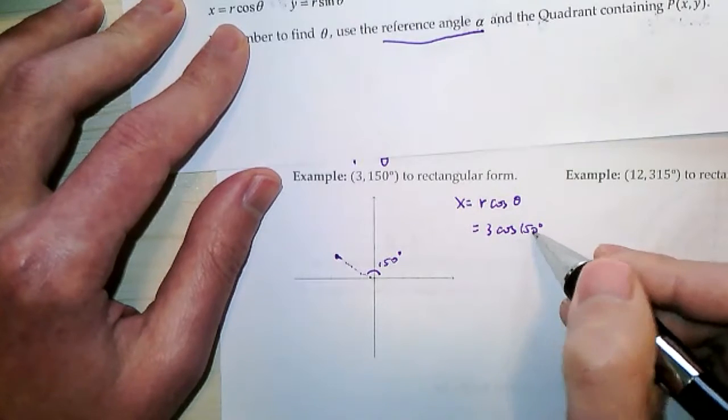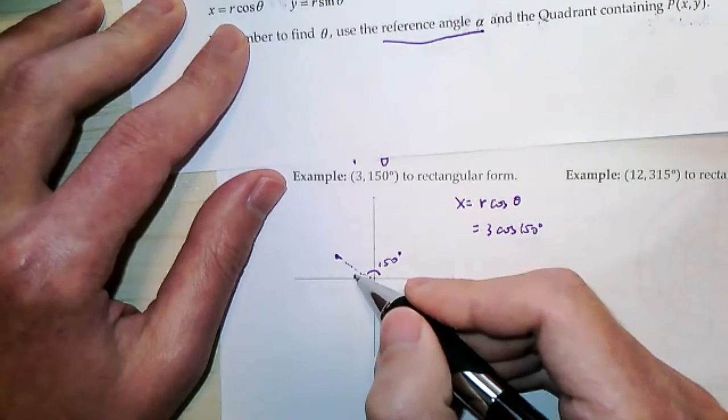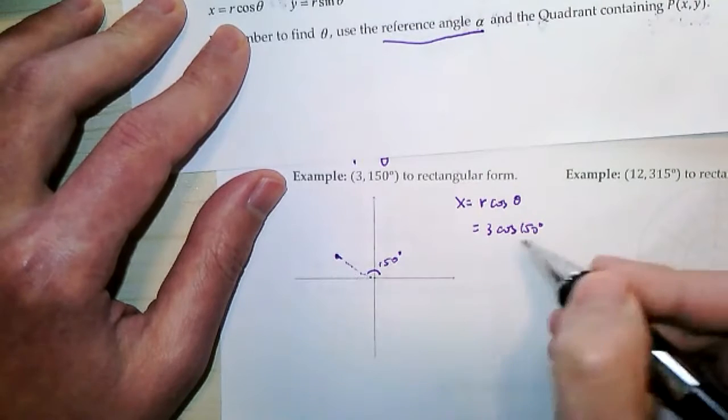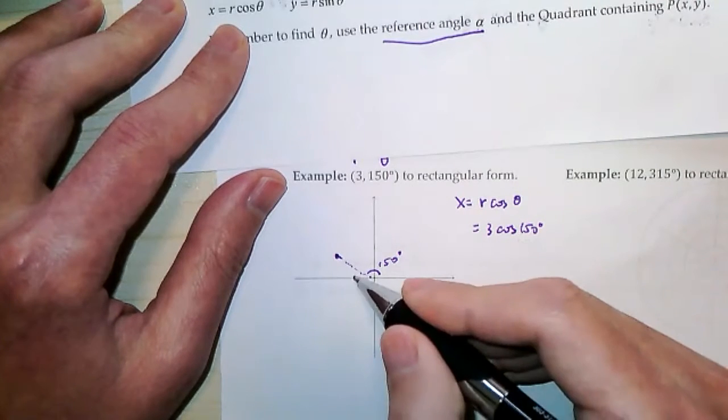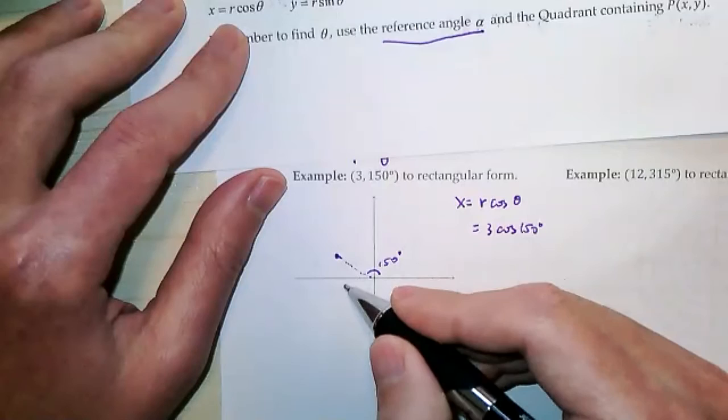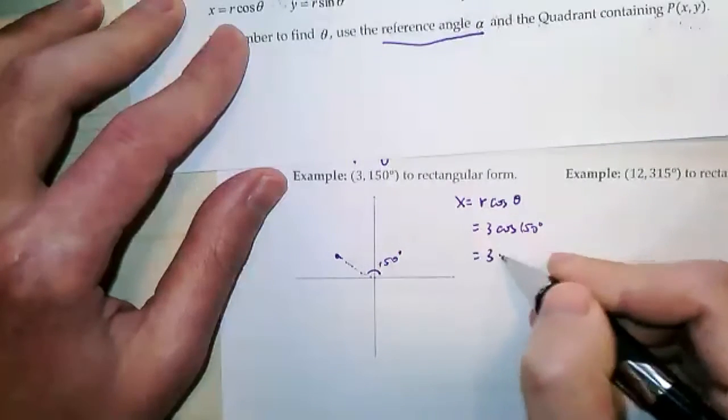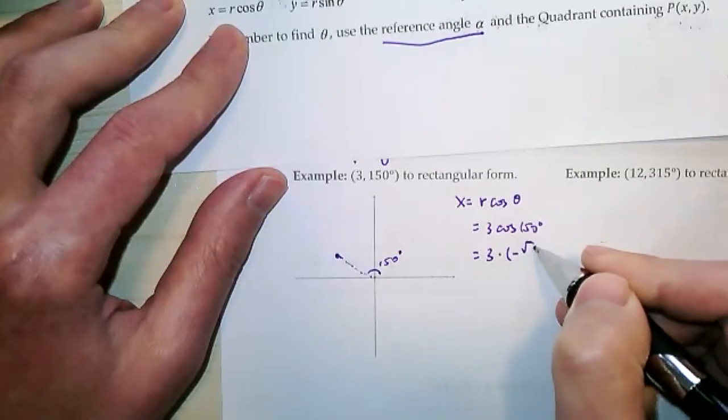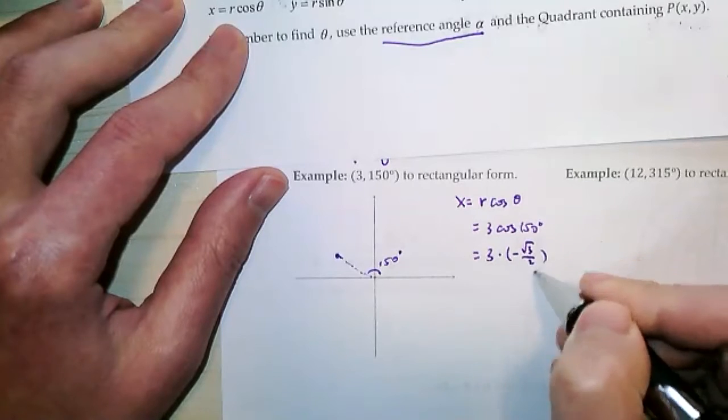So what is cosine 150? The reference angle is 30. And the x-coordinate of the reference angle is negative square root of 3 over 2.